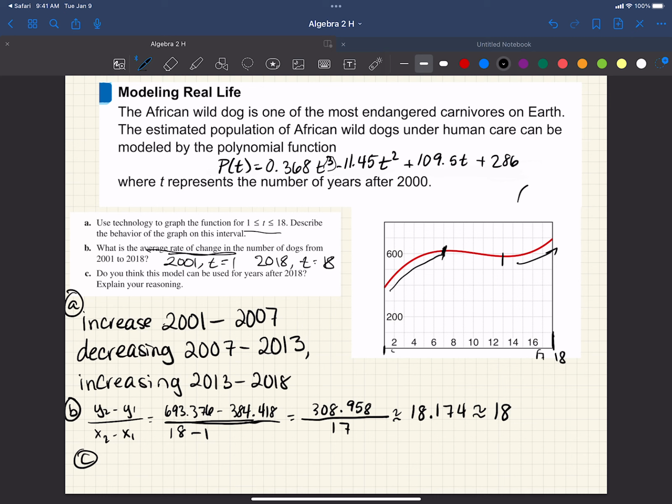It's going to have to look like this, meaning that this function is going to continue infinitely in that direction. And as we all know, unlimited growth is not a reasonable concept. So you don't want to use this model after that. You can determine all this just from the end behavior, determining that it's odd, that the leading coefficient is positive, and all of that. So you would not want to.